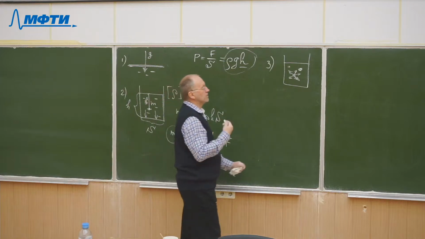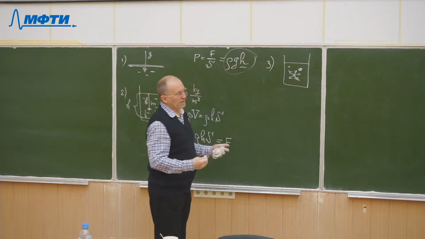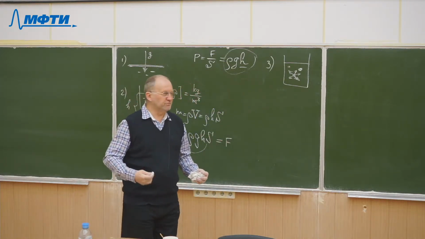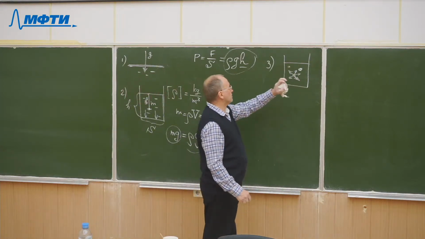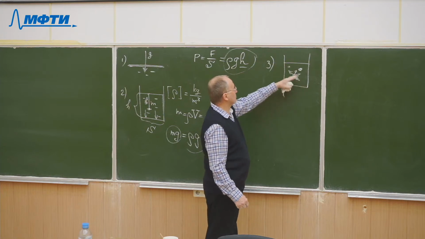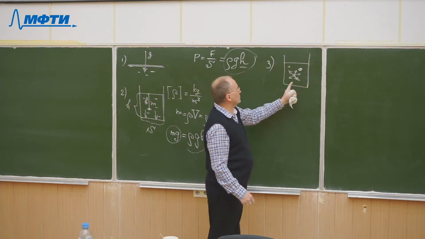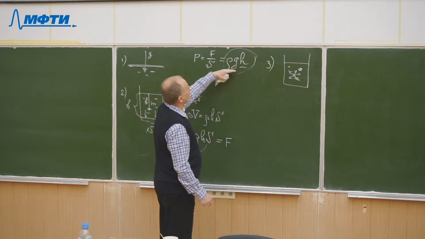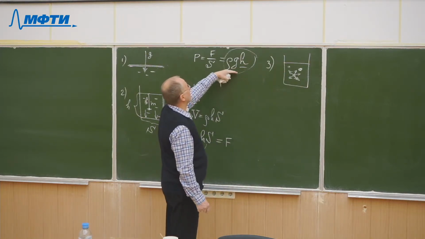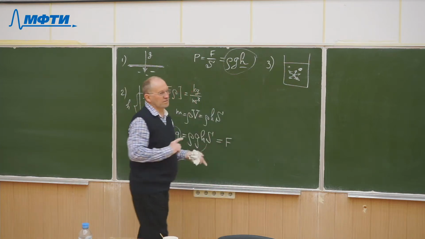If the liquid is in motion, then the pressure is not equal in all directions. But if the liquid is at rest, and this is the case we only consider now, then pressure is distributed equally along all the directions. So this pressure is not directed downward only, it's directed everywhere.